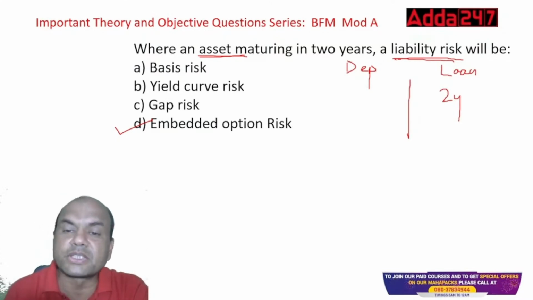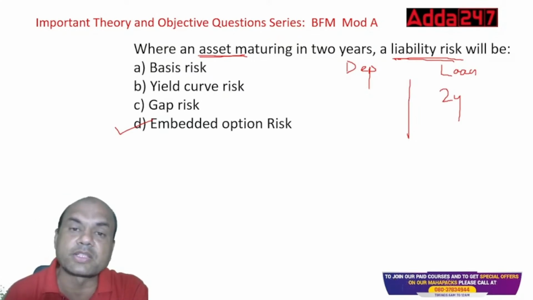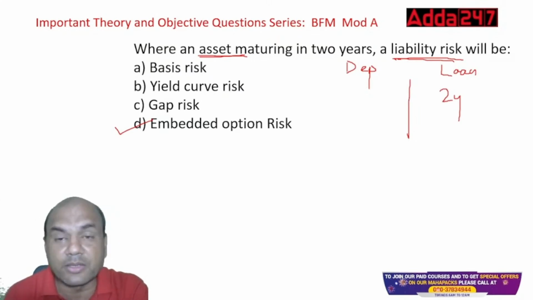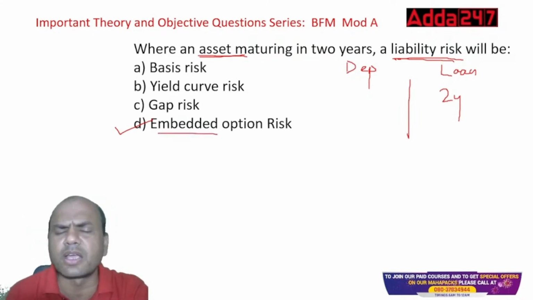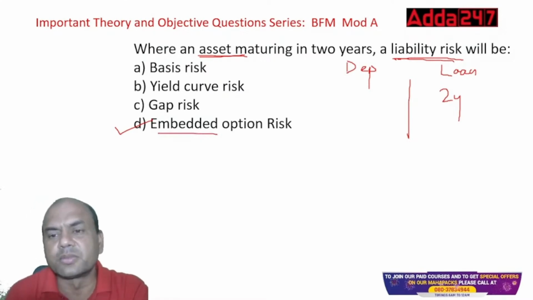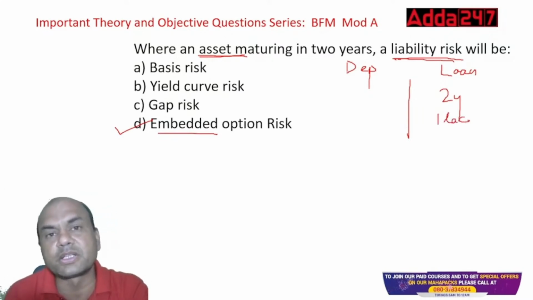But if these deposits mature, the FD matures, there is a withdrawal, will I get an FD of the same amount at the same rate afterwards? That is known as embedded option risk. Embedded means anytime it can be withdrawn. Suppose I need this 1 lakh rupees over here and this 1 lakh is withdrawn from the depositor's angle, then my balance sheet is in a problem.